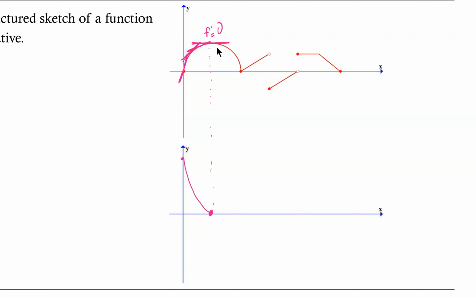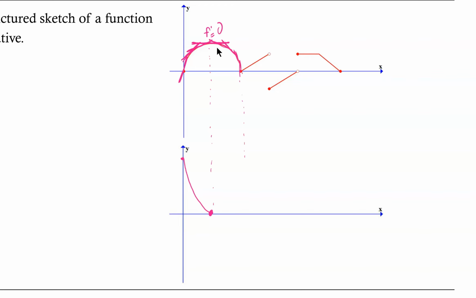Now we continue to work our way along the graph of our function, and we notice that after the slope of a tangent line is 0, we see our slopes becoming negative, and indeed more and more negative, increasingly negative, until we reach this point, this sharp corner.